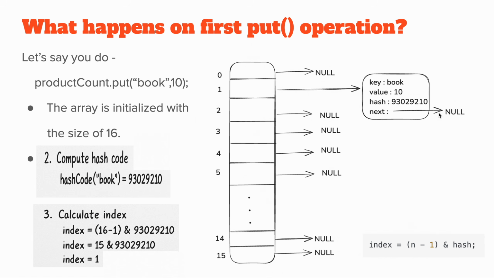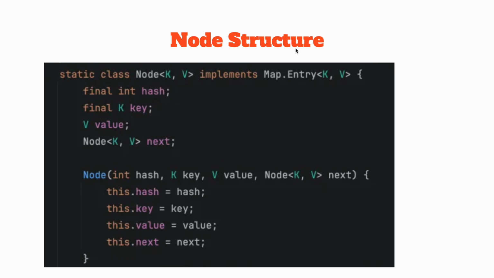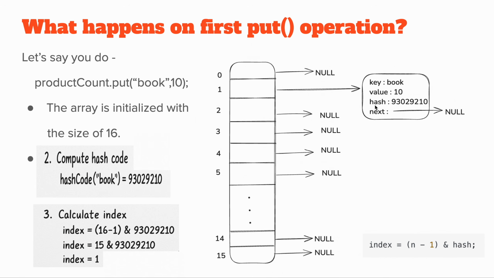If multiple nodes are placed in the same bucket due to collision, it will point to the address of the next node. We can also see the Java code for the Node class and the structure of the node. In this Node class, there are four attributes: hash, key, value, and next, right? This is what I have explained here.